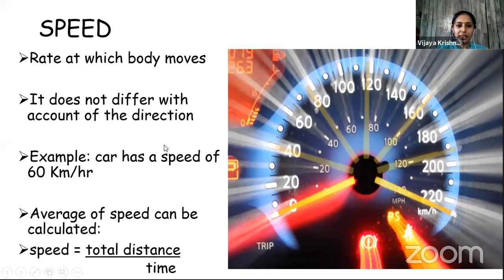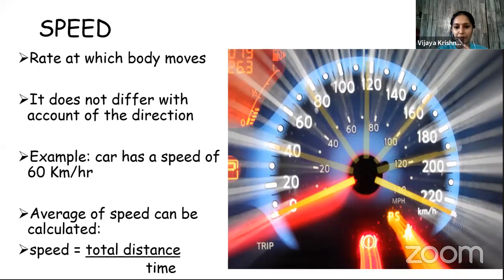Another important concept that we come across is speed. Speed is the rate at which a body moves. It does not differ on account of direction. The speed remains constant. For example, a car has a speed of 60 kilometers per hour, meaning that it moves 60 kilometers in every hour.